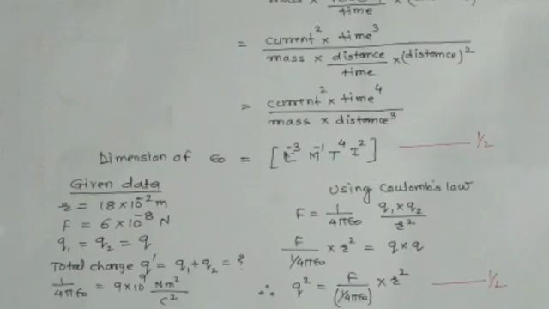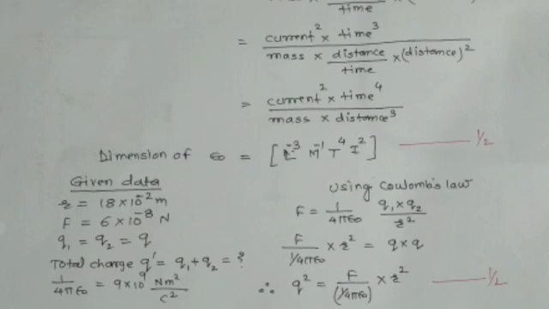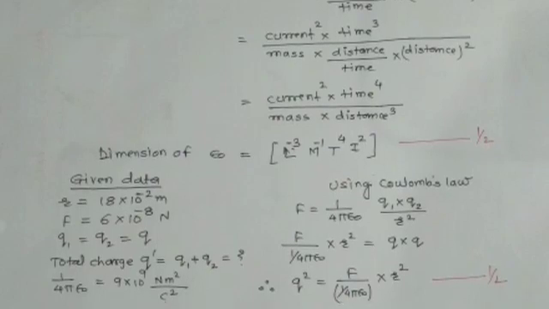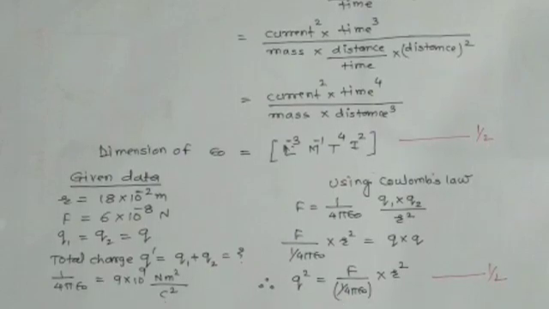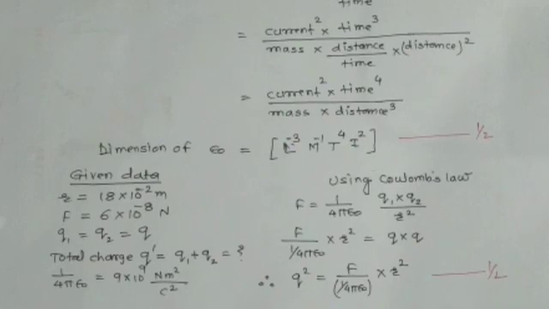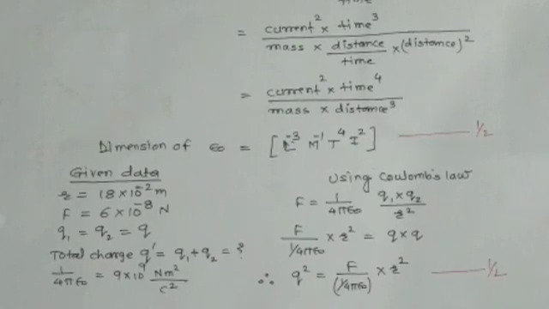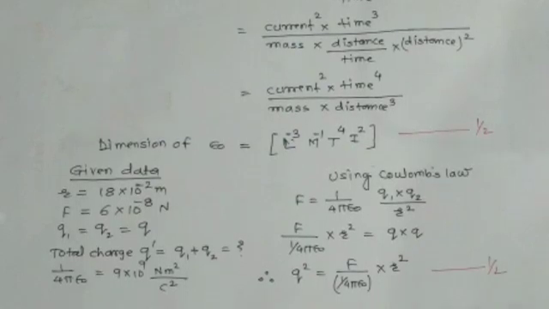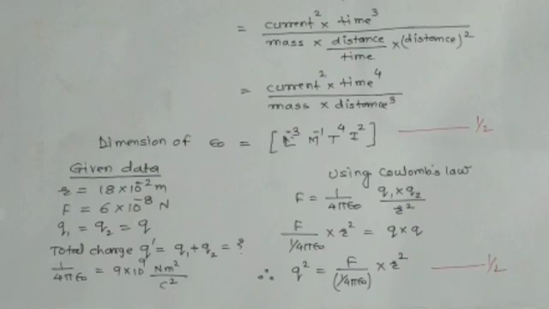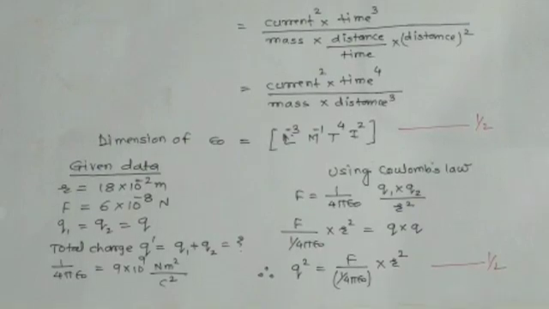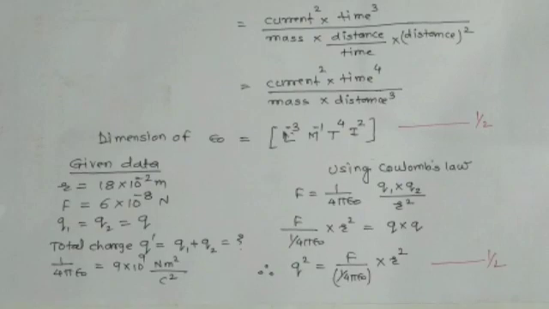F is equal to 1 upon 4 pi epsilon 0 Q1 multiplied by Q2 upon R square. If we solve, we get the formula Q square is equal to F upon in bracket 1 upon 4 pi epsilon 0 multiplied by R square.